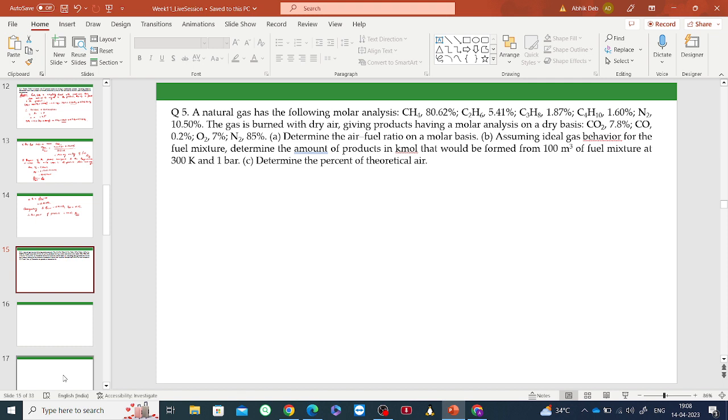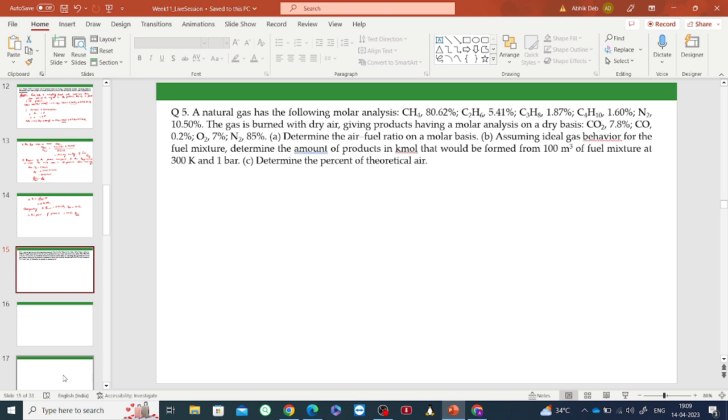That is, we are not considering the moisture present in the air. On a dry basis, there is carbon dioxide 7.8%, carbon monoxide 0.2%, oxygen 7%, and nitrogen 85%. There will still be water present in the product.